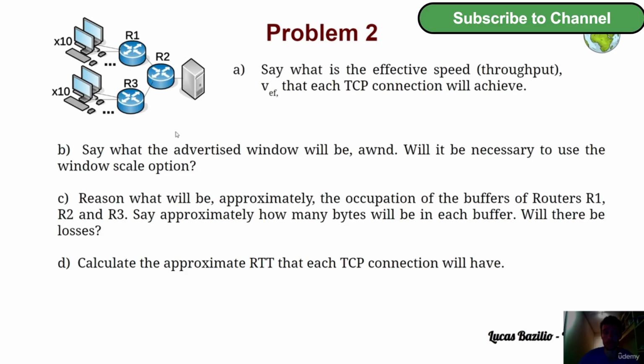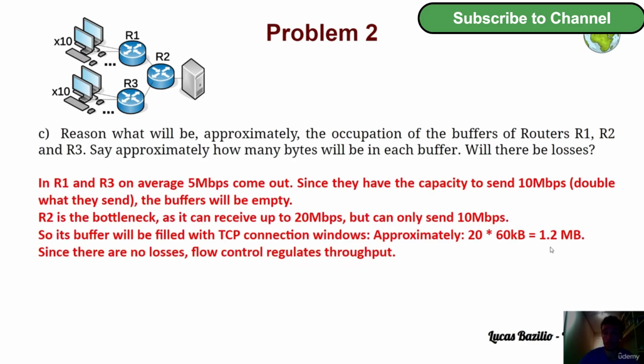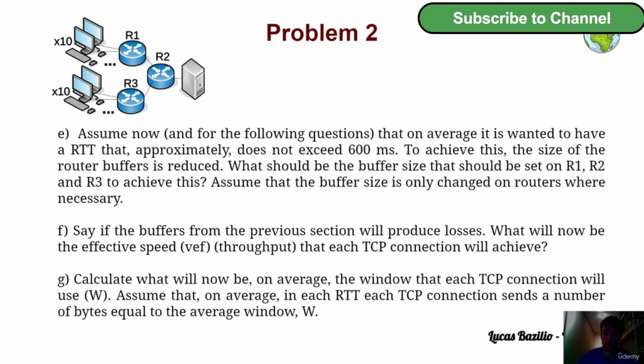In fact, we saw that the occupation of the buffer of R1 is empty, of router 3 is empty, and on router 2, we saw it was 1.2 megabytes. So now in this question, it is evident that we are only going to reduce the size on router 2, the only one that we can reduce. Router 1 and R3 will not be affected by this statement in question E.